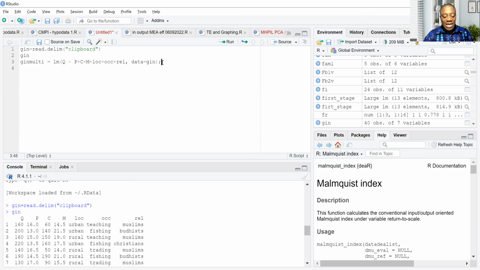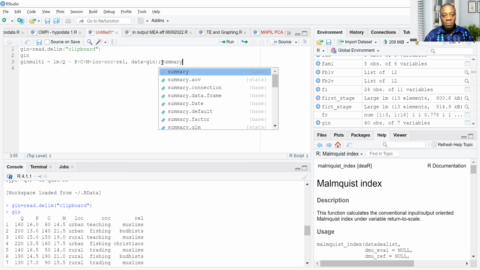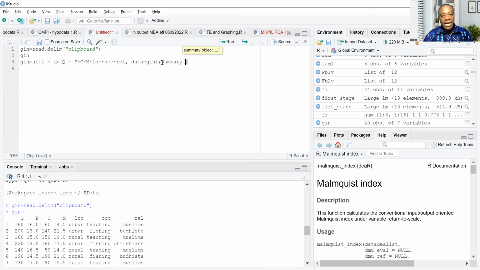After your semicolon, type summary, then bring a left bracket. Once you bring the left bracket, the right bracket will come automatically. Then inside the summary, type the equation you gave, which is gen multi. So retype gen multi, for gen multiple regression. And that's it. This is the command you should have, and run it.